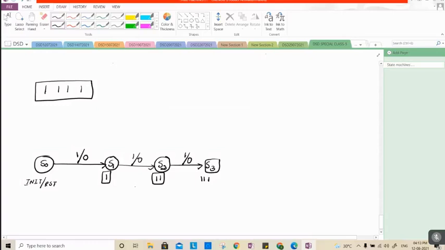Now after this we need to check whether we are doing the overlap condition or the non-overlapping condition. If it is a non-overlapping condition, after S3 the next state will be the reset state.